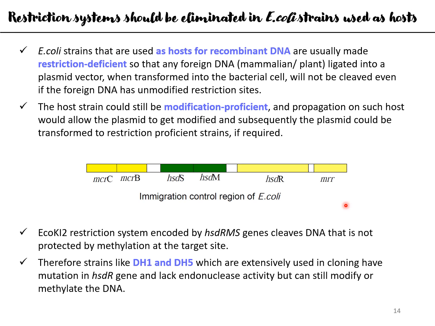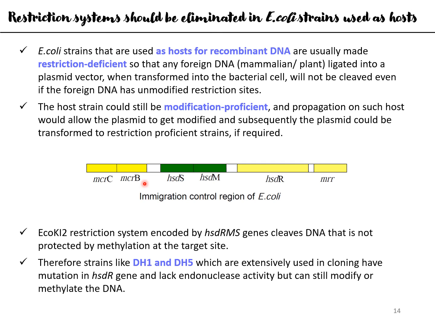So therefore, strains like DH1 and DH5, which we commonly use in laboratories to amplify our DNA of interest and which are extensively used in cloning, have a mutation in this HSDR gene and therefore lack endonuclease activity. But they have these MCRC and MCRB genes, which are the modification genes and can therefore still methylate the DNA.